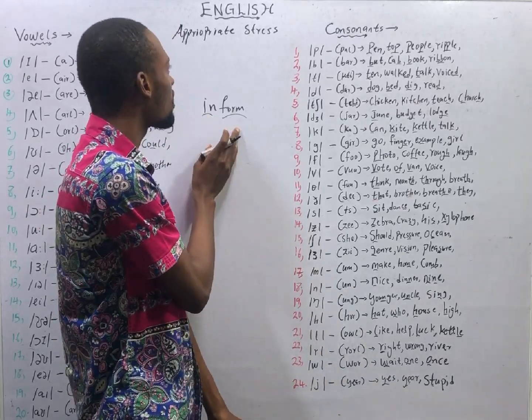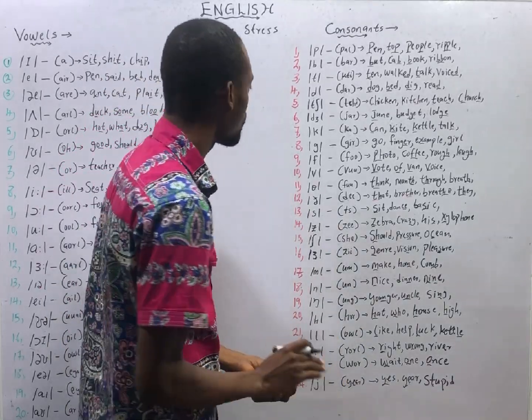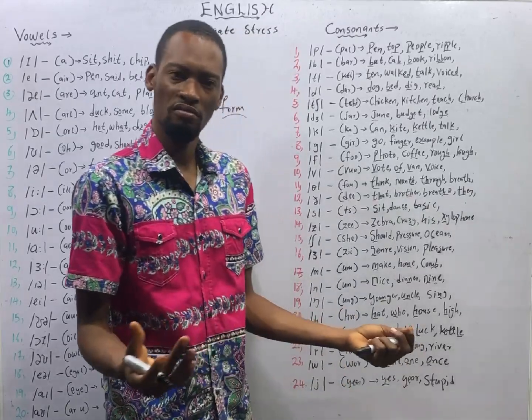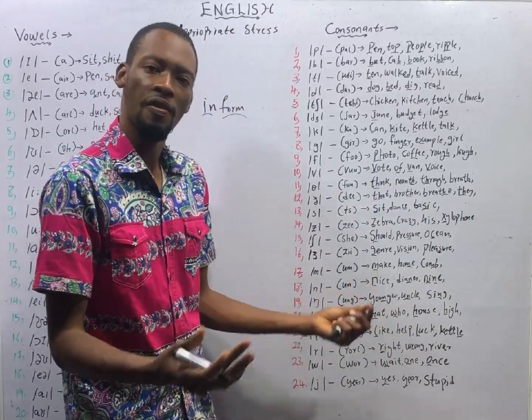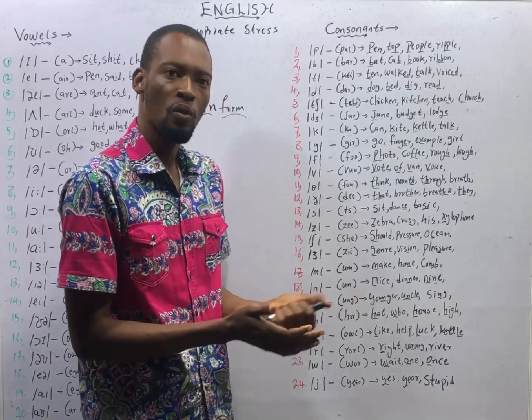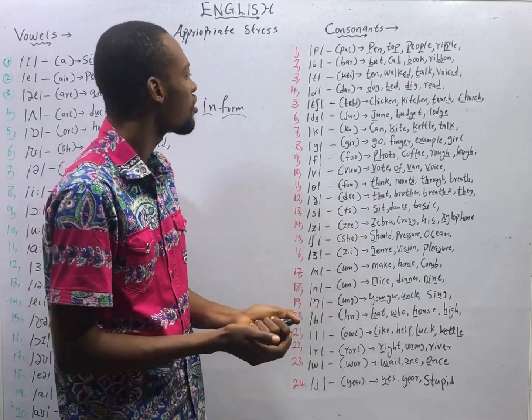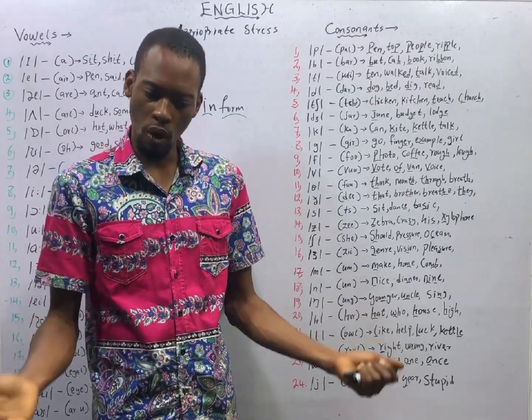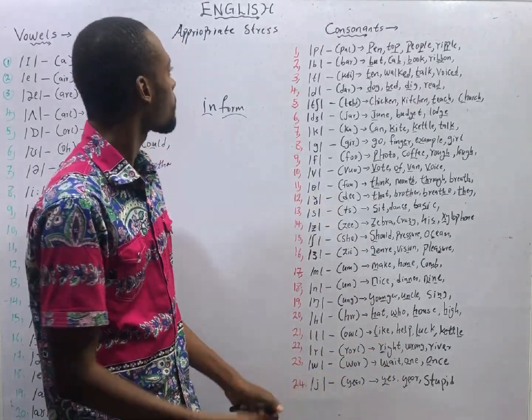Each of these units is referred to as what? Syllables. A word can have 2 syllables, 3 syllables, 4 syllables, 5, and so on. Any word with more than 2 syllables is referred to as a polysyllabic word.